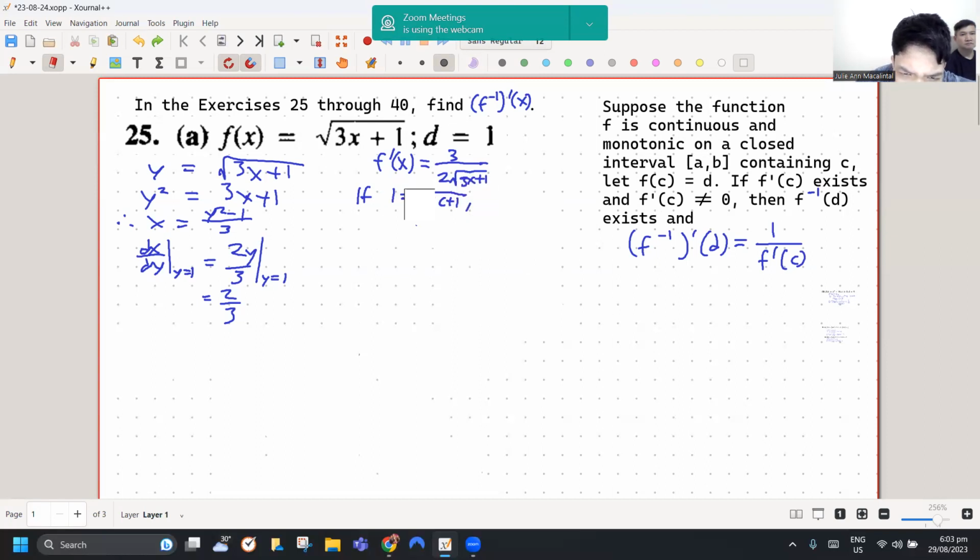Then 3c plus 1 is equal to 1, so 3c is equal to 0, so c equals 0.